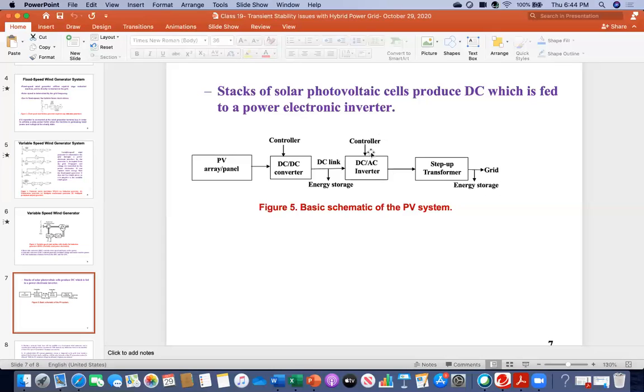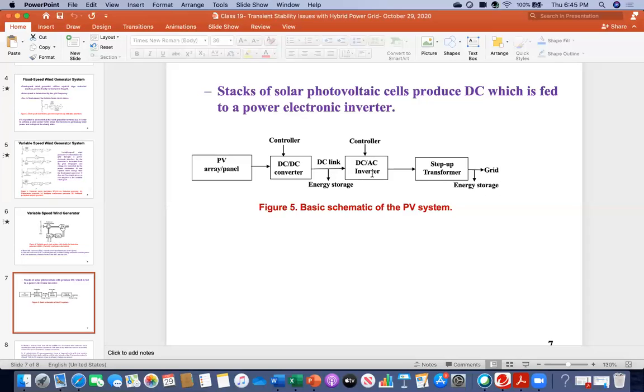Now this controller can be a smart controller, accordingly the smart inverter. So Lakshmi, your topic is smart inverter. Here you have to show the smartness, the intelligence, that it is not just that you want to convert DC to AC. You have a sophisticated controller.